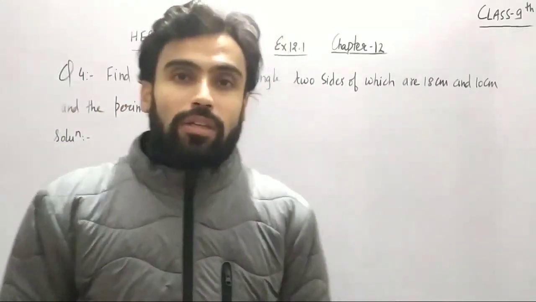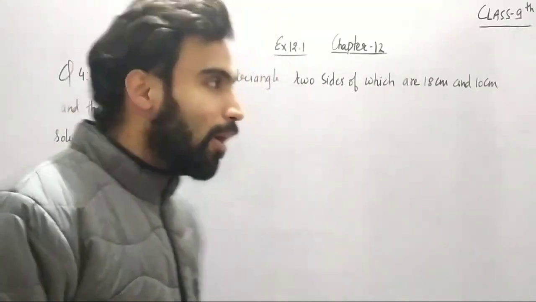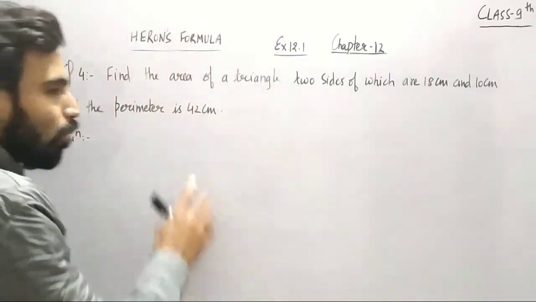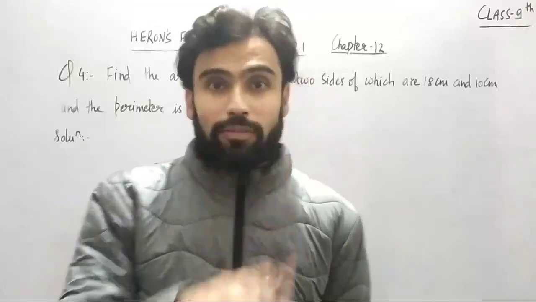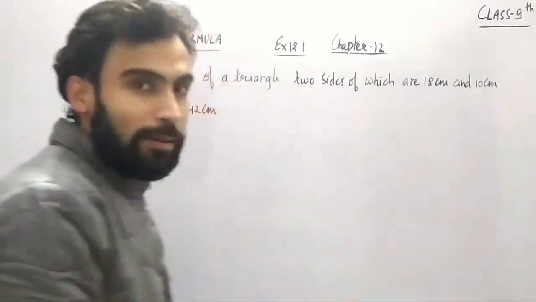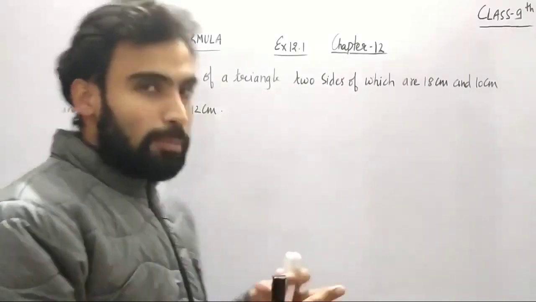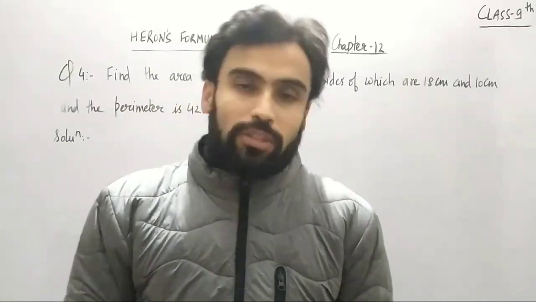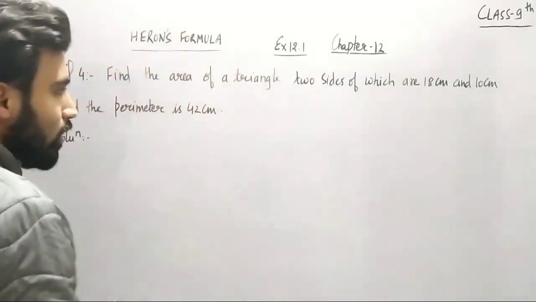So हमें यहाँ पे उसी तरीके से इसको सॉल्व करना है. यहाँ पे हमें दो साइड्स गिवन हैं ट्रायंगल की और पैरामीटर भी गिवन है. So we will first find out the third side of the triangle. कैसे फाइंड आउट करेंगे, मैंने आपको बताया था, इन दोनों साइड्स को ऐड करके उसको पैरामीटर में से सब्ट्रैक्ट करेंगे, यानी माइनस करेंगे. So that will be the third side of the triangle, right? So let us first find out the third side of the triangle.